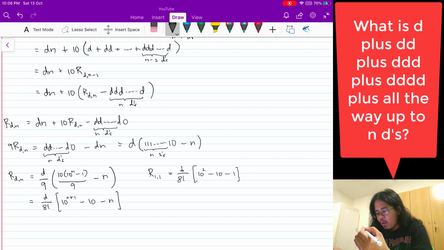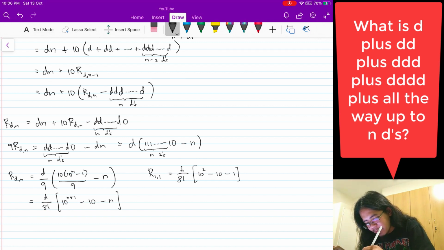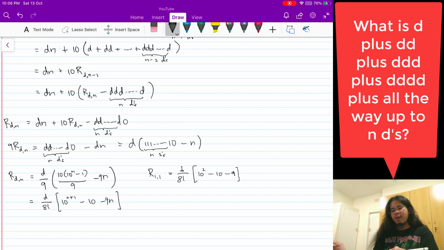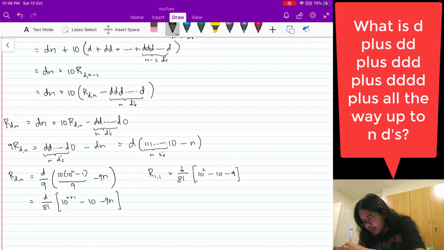So you have 100 minus, wait, I'm missing something. I missed the 9 here when I factored out 9. Note that you factored out 9 from here, so you have to have 9 there. So this should be minus 9. So you have 100 minus 10 is 90, minus 9 is of course 81.